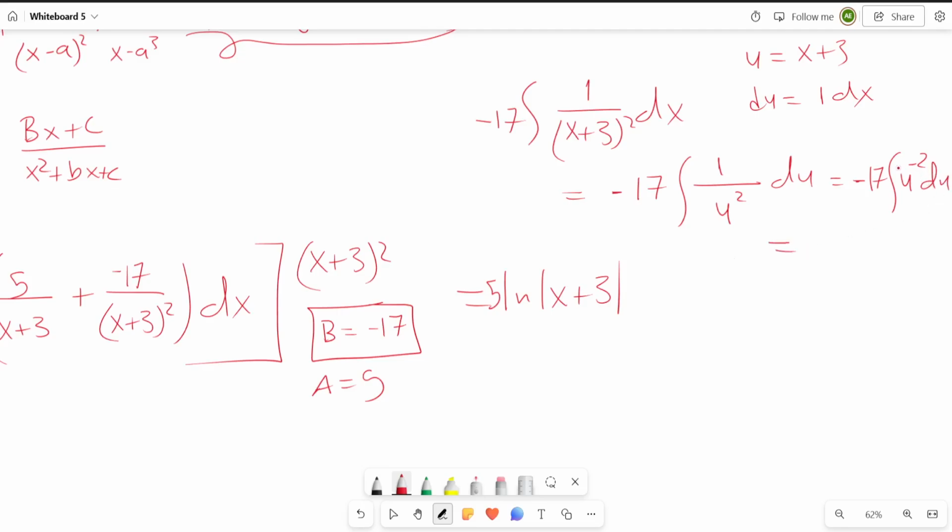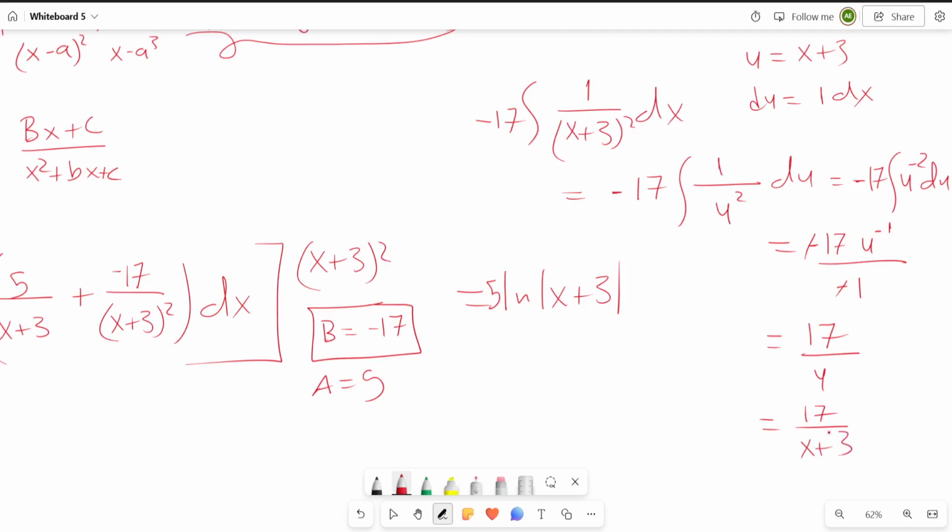Doing the integration very, very simply, power rule, I will add 1 to the power. This is going to be negative 17 u power negative 1 over the new power, which is negative 1. So negative and negative are going to cancel. This is going to be equal 17 u power negative 1, or basically 17 over u. And doing the substitution back, 17 over, instead of u, I'm going to put x plus 3.